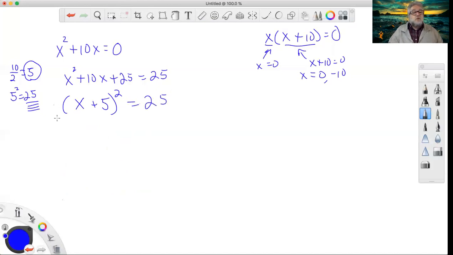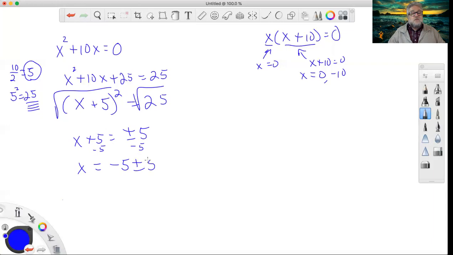Now I take a square root of both sides. So x plus 5 equals the square root of 25, which is plus or minus 5. So x equals, I'll subtract 5 from both sides, so it would be minus 5 plus or minus 5.